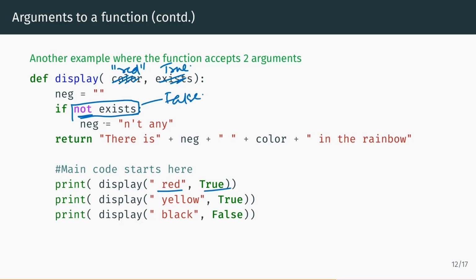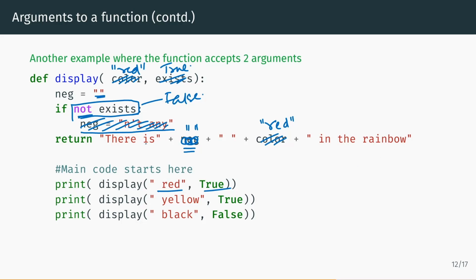And because it's false, this line won't be executed. We don't care about this line. And then we print there is neg, replace neg with this. So there is nothing. Color, replace the color with red in the rainbow.